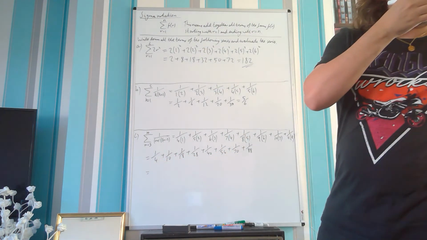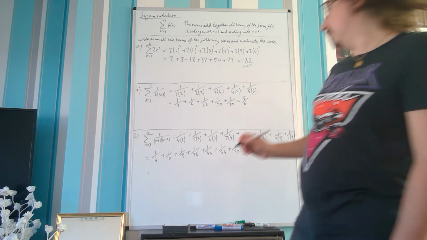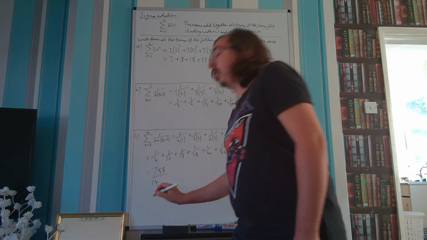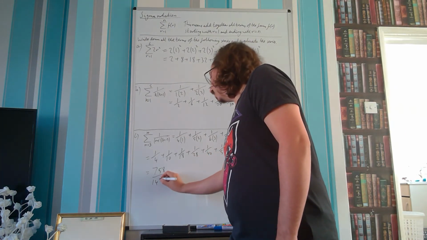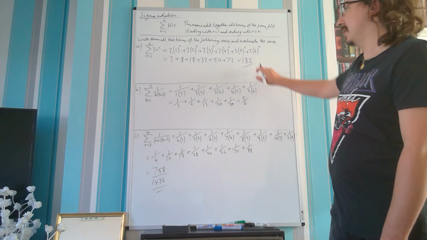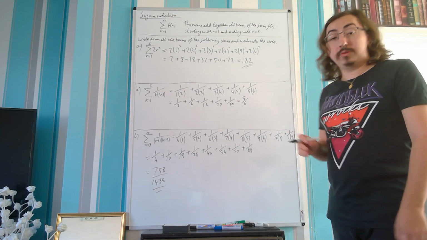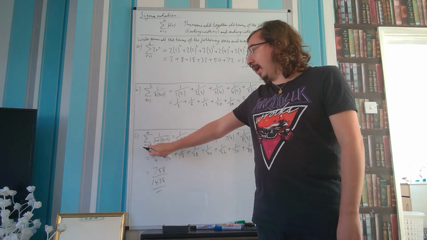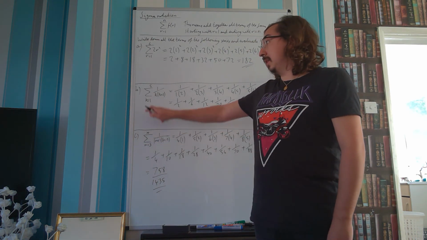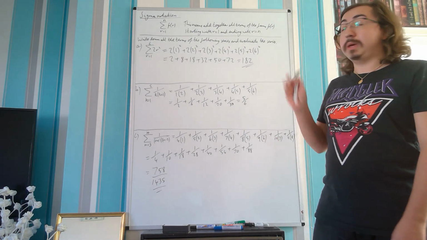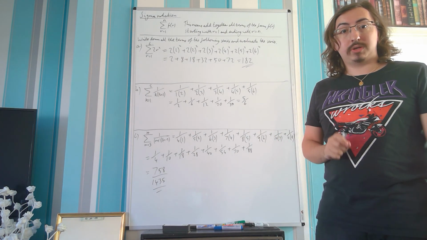And when you combine all of those together, you end up with 758 over 1,435. It's not quite as nice as the other two, but it's just using the same idea. The only difference this time is we started with an n value of 3 instead of starting with a k or an r value of 1. But that's the basic idea of what sigma notation means.